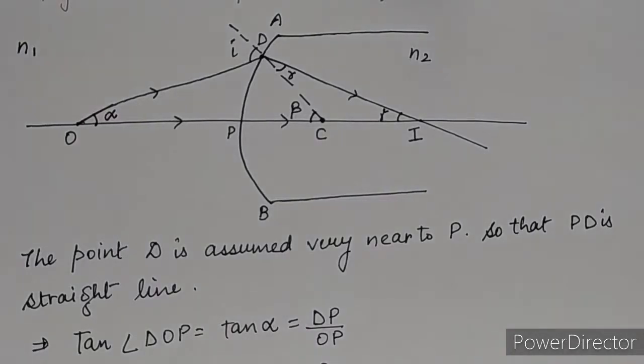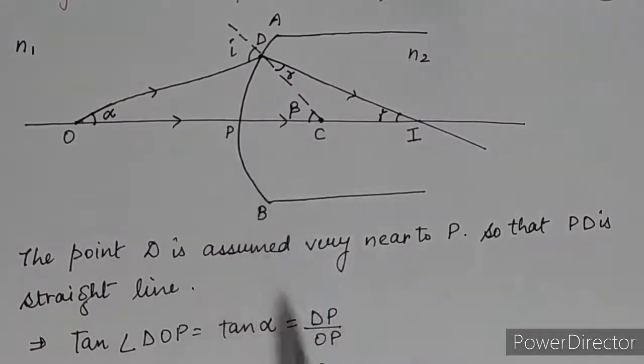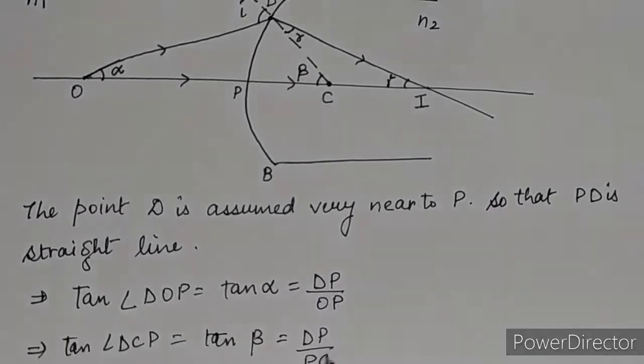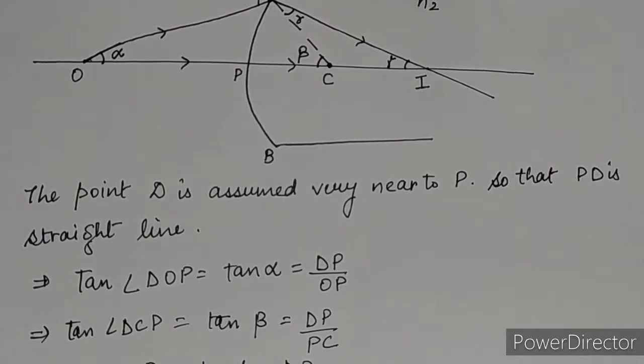Then afterwards we will take the small angle. You know that DOP we have taken as DP upon OP, and DCP we have taken as DP upon PC. Like this we have put all these values.